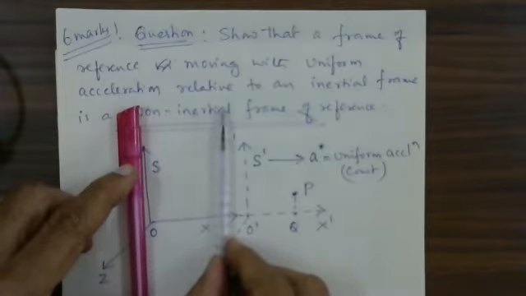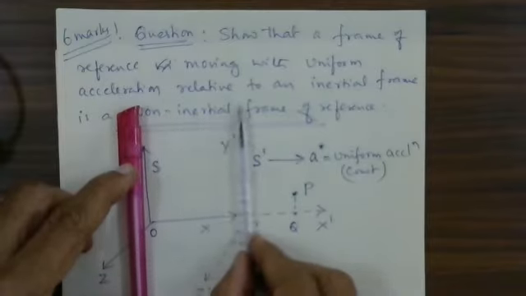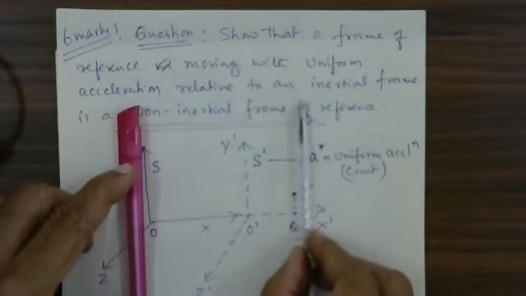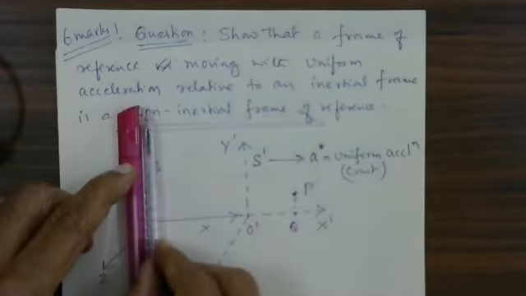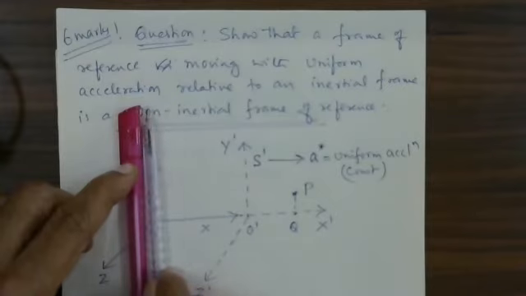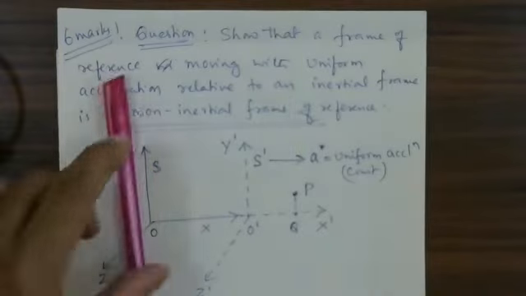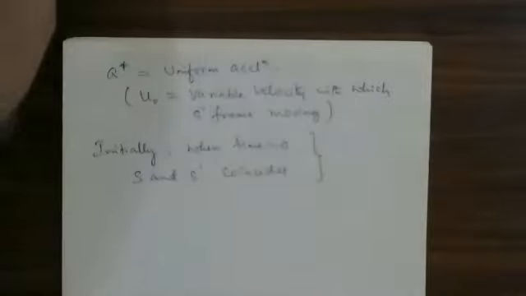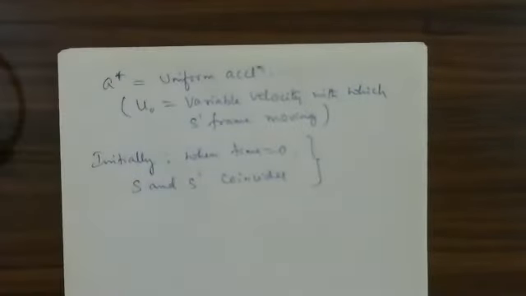At a time interval t, it is moving up to here. At t1, it is moving here. At t2, it is moving like this. S is not moving. That is the meaning of this concept, whatever I explained so far.